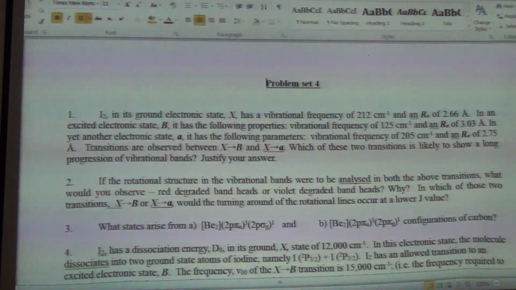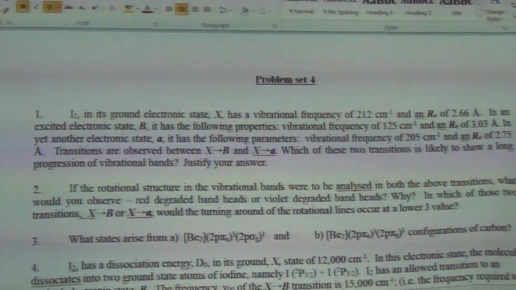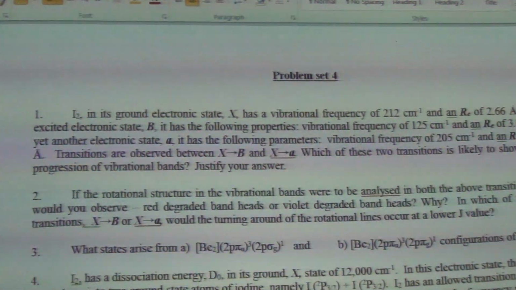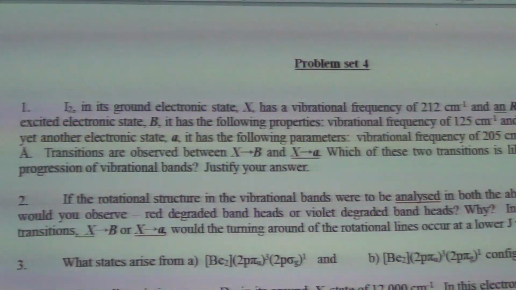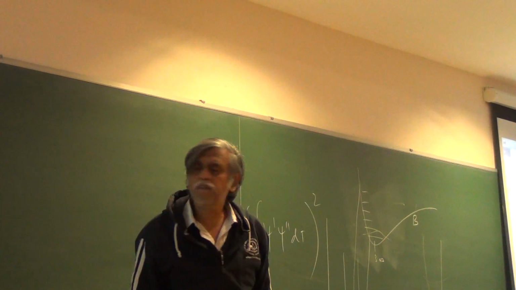An excited electronic state B has the following properties. So let's say this is B. And how much is re? 3.03. Let's say this is the B state. And what's the vibration frequency? 125 wave numbers.